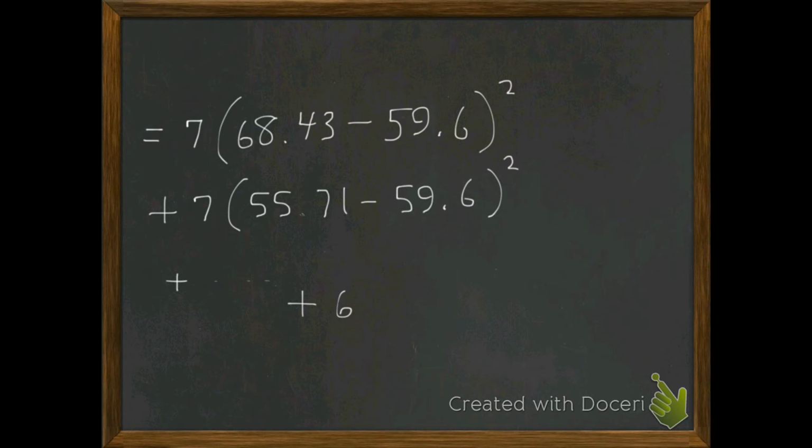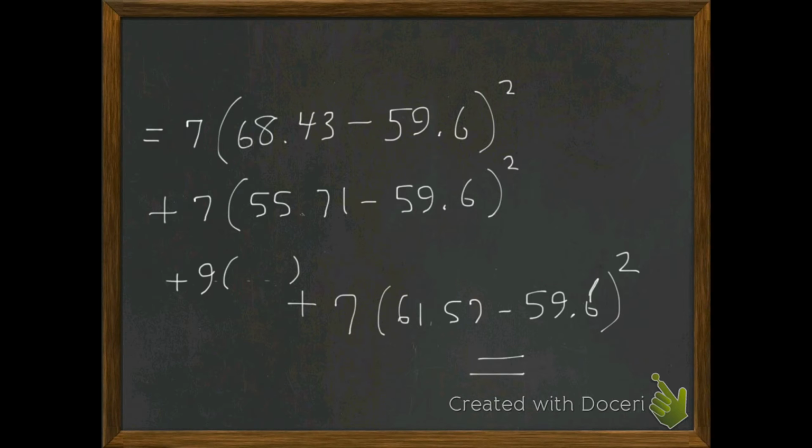Shoot, Doug, stop it. 7. And remember, this would be 9 times. So 7 times 61.57 minus 59.6 quantity squared. And whatever this value turns out to be, that's going to be your sum of squares for the factor term.